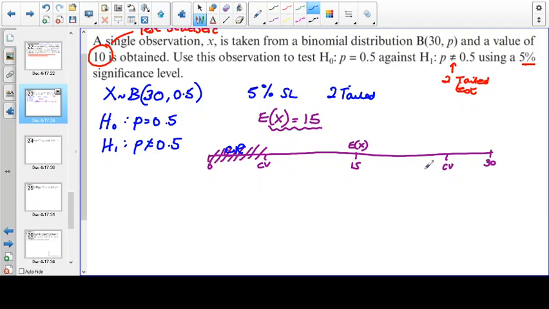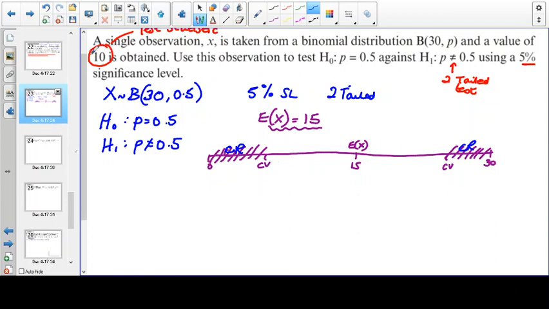There is also another critical value here at the top end, whereby anything greater than that would fall in our critical region, and if our test statistic falls in that critical region, then we could reject H0. Because we're now looking at a two-tailed test, we're looking at values close to 0 and also values close to 30. So potentially we need to work both of these out.